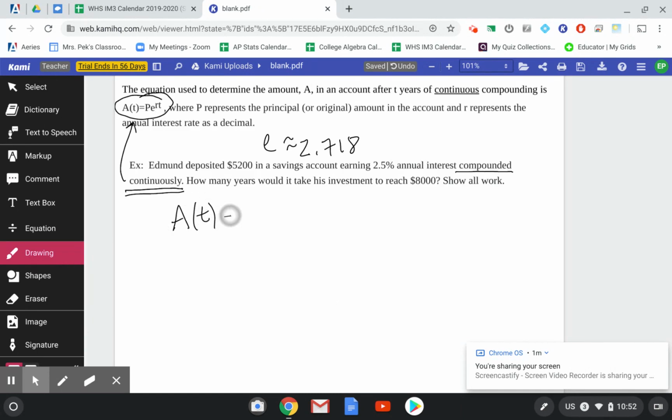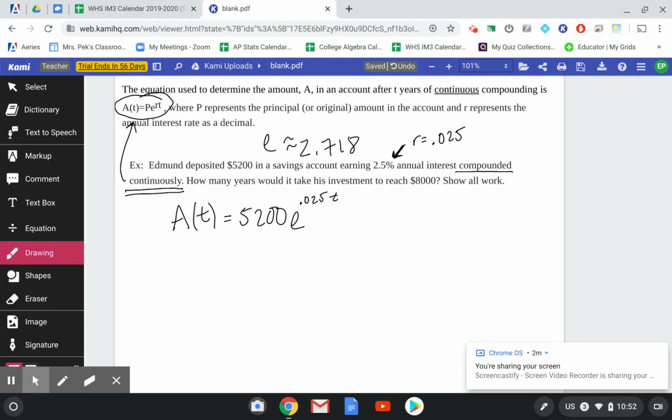So what we're going to do first is set up our equation: A of t equals our initial amount, our principal value, 5,200, times e to our interest rate. Remember, we always want to write this as a decimal value of the percentage, so it'll be 0.025t. Now, this would be just using the interest rate and the principal amount in the equation.